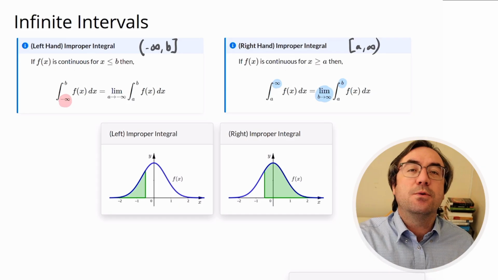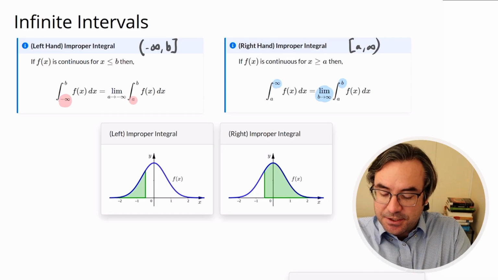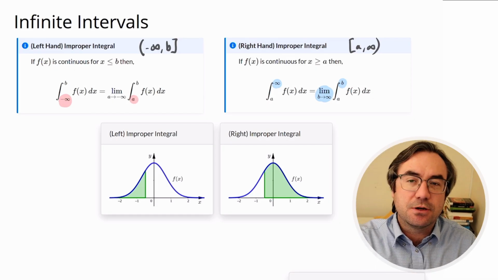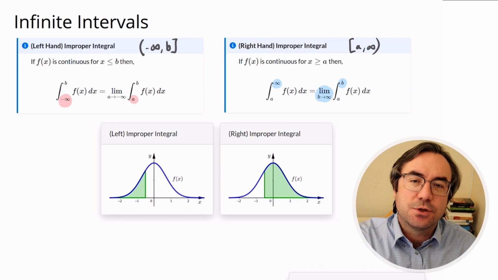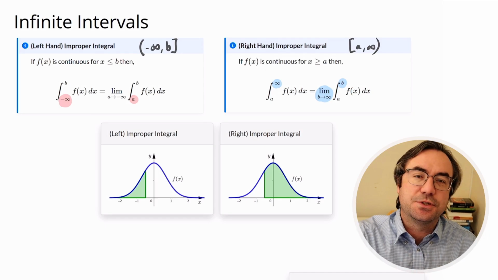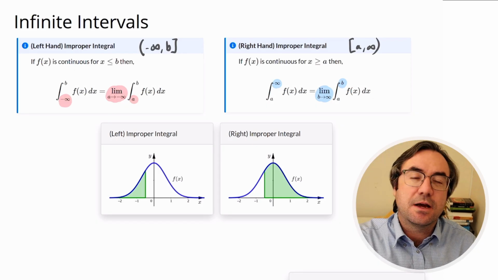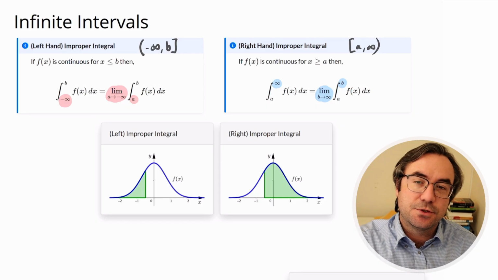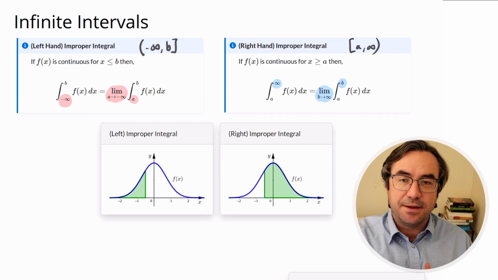So the way we deal with infinity, or minus infinity in this case, is we have to approach it. So we change our lower limit to some number a. We're going to leave it as a variable, so we'll just say a. And then we're going to let that number a get larger and larger negative. So we're going to calculate the limit as a approaches minus infinity.